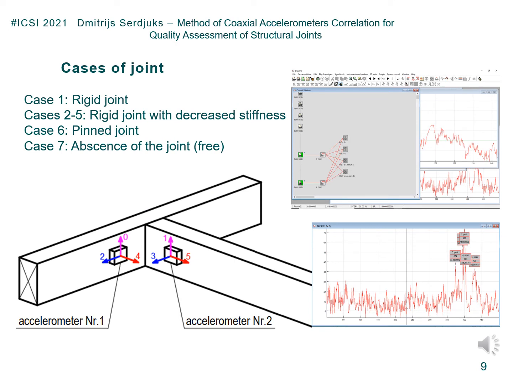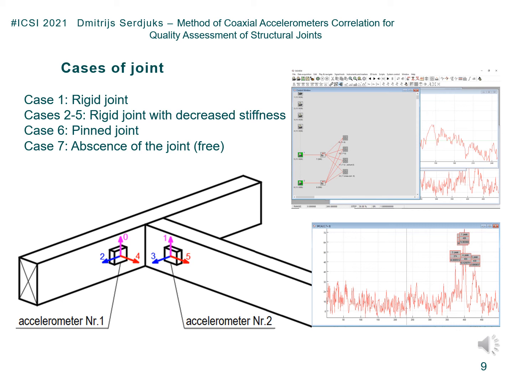The dynamic test was carried out for 7 cases of the considered joint. Case number 1 was the rigid joint, then cases 2 to 5 were the rigid joint with decreased stiffness, the pinned joint was case number 6, and absence of the joint between the main and additional beam was case number 7.